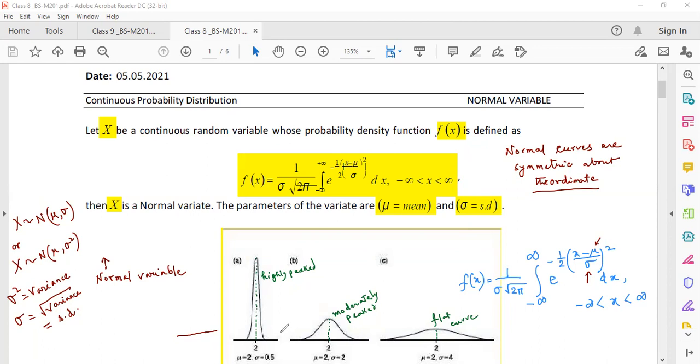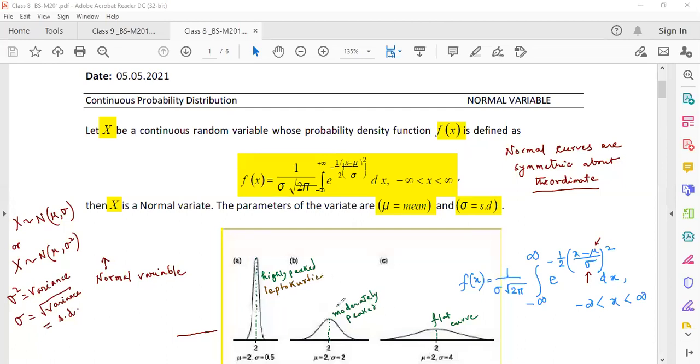In many ways, we can define this particular curve. Okay, and also remember that the highly peaked normal curves are sometimes called leptokurtic curves.